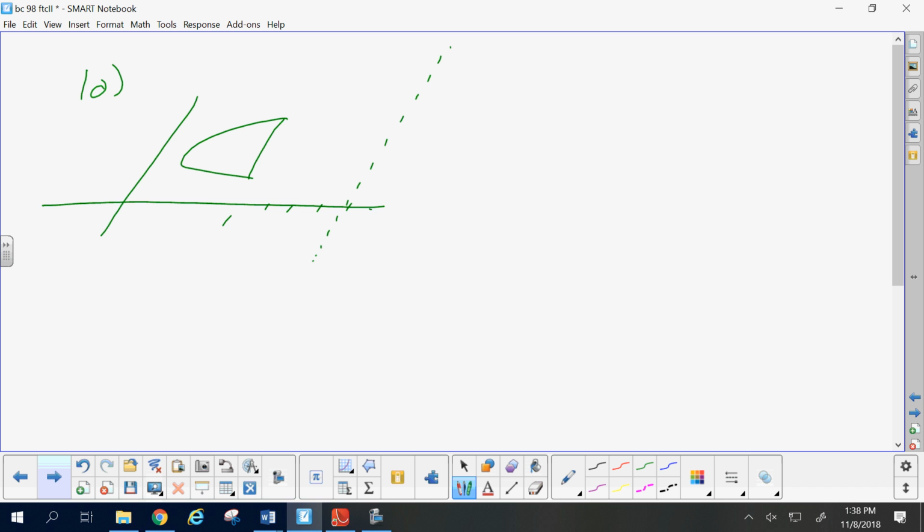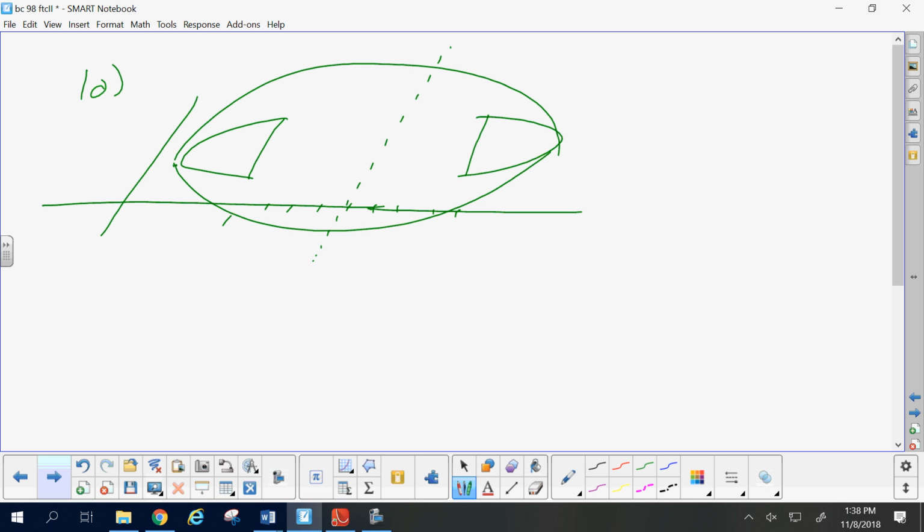It's around that figure, yeah? So, if I'm not mistaken, the figure when it's revolved will look something like, oh, this is terrible. I don't like it. Oh well.